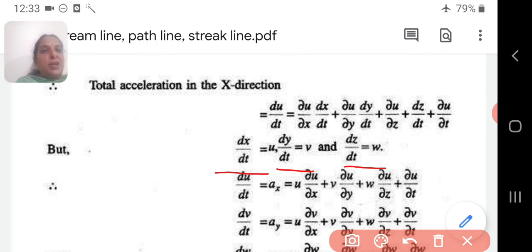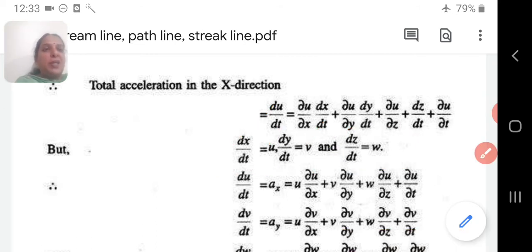Velocity is the rate of change of displacement, or in simple words distance by time taken. So u is the velocity, and the distance in the u direction is x, so u is equal to x by t. Since we are considering small particles, we take it as dx, so dx/dt. Similarly, v is equal to dy/dt, the velocity in the y direction, and w is equal to dz/dt.